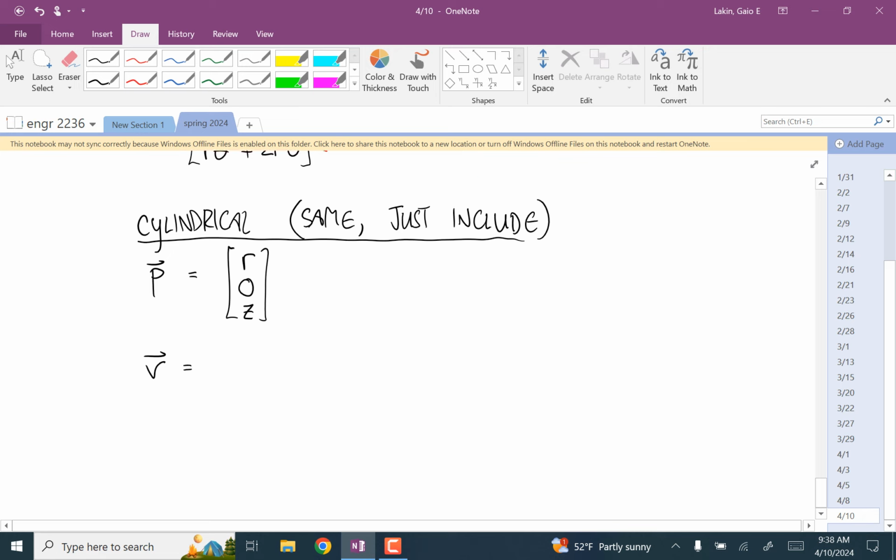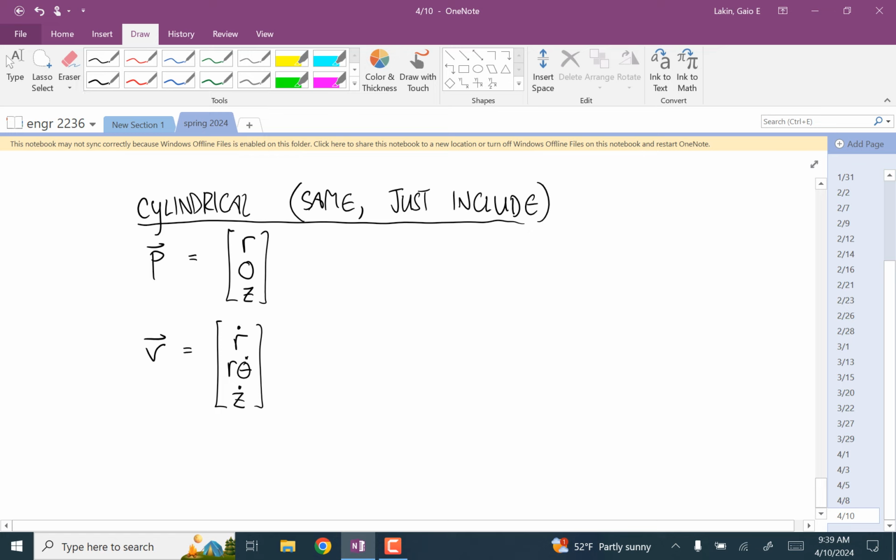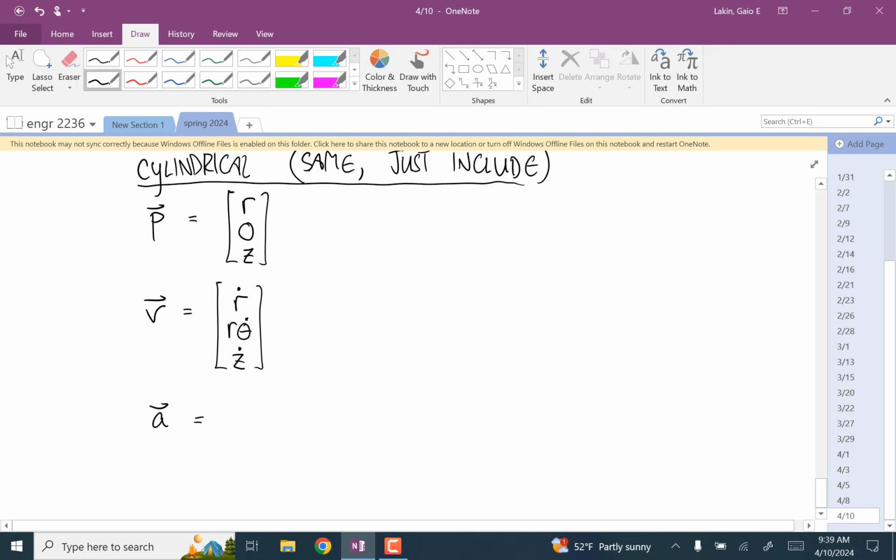A velocity vector that's (r dot, r theta dot, z dot), and an acceleration vector that's (r double dot minus r theta dot squared, r theta double dot plus 2 r dot theta dot, z double dot). Any questions about that?